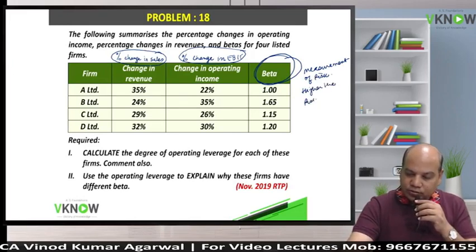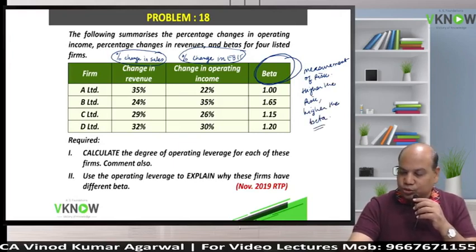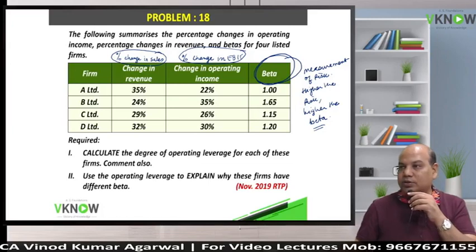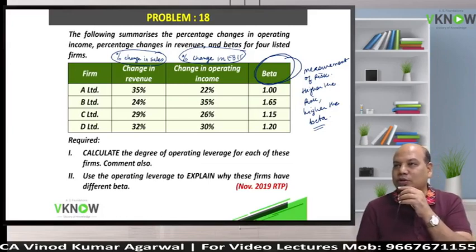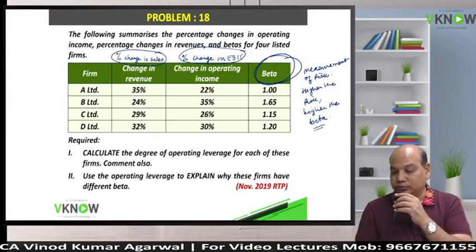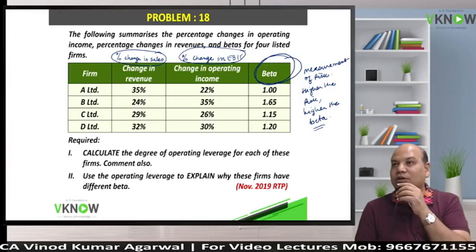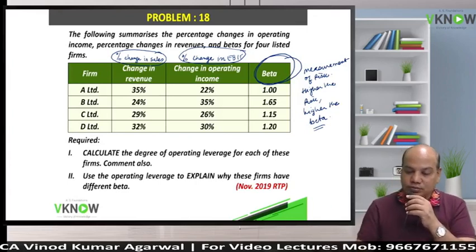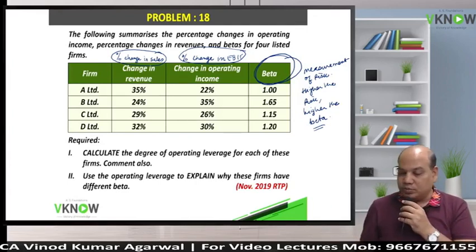In one earlier chapter, those who have studied cost of capital chapter, this term beta was used in calculating cost of equity, CAPM formula. Cost of equity under CAPM is RF plus beta into RM minus RF. Revision of revision. So there are 4 firms: ABCD, change in revenue, change in EBIT and beta.